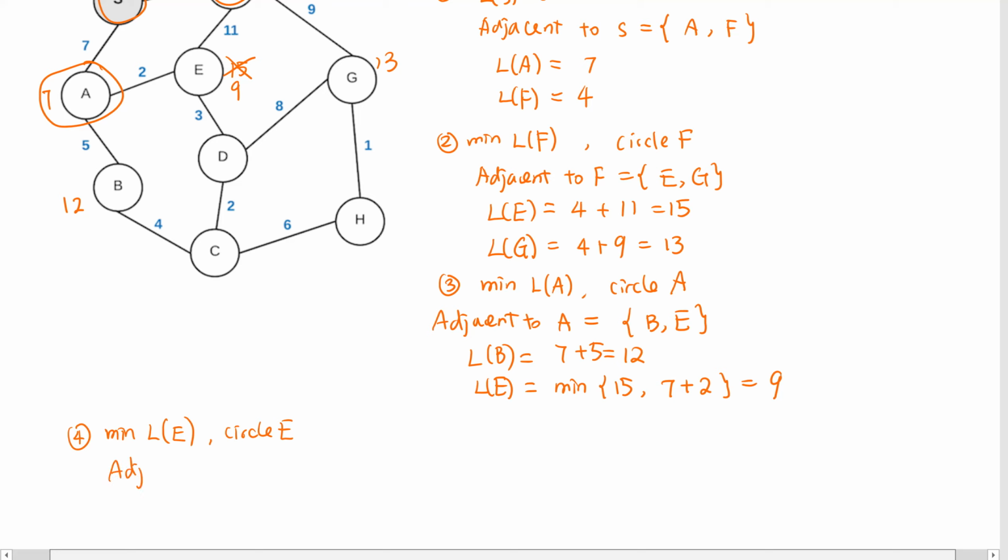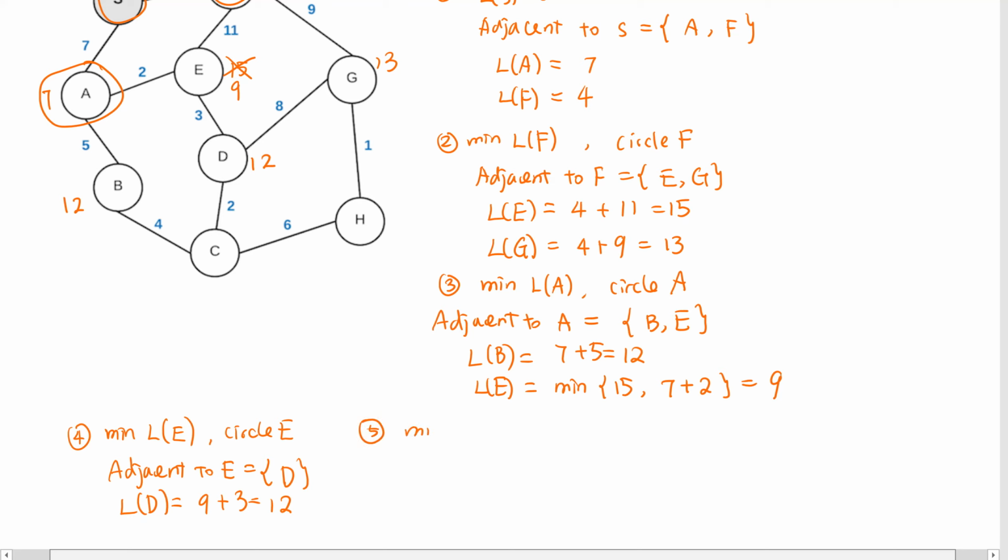What are the vertices that are adjacent to E? We have D, just D, right? So L of D is then E, 9 plus 3, which is 12. So D is 12. So far, so good, everybody.